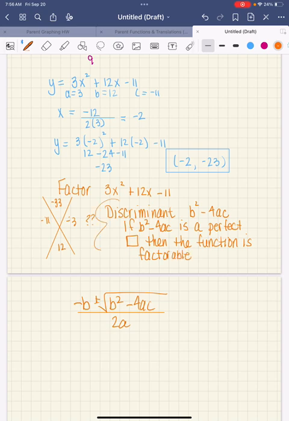If the discriminant is a perfect square, then the function is factorable.